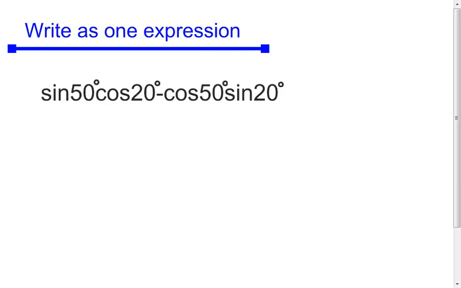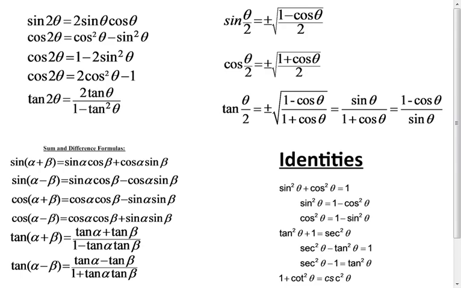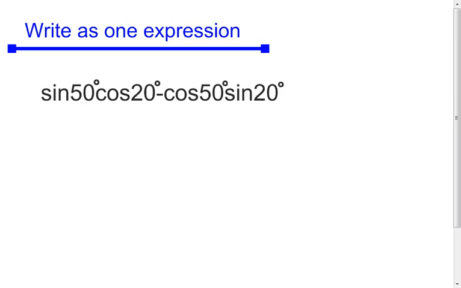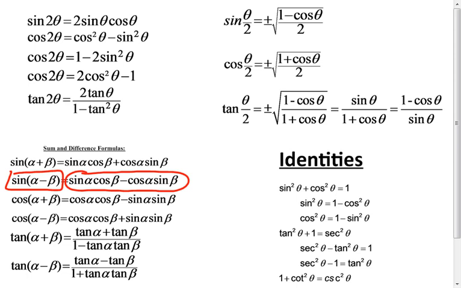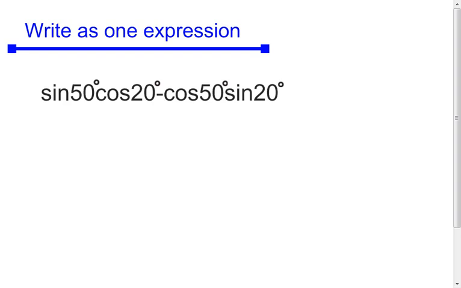All right, here's another one. Sine cosine with a minus sign in between, and then cosine sine. So we'll go over here: sine cosine, minus sign in between, cosine sine. It will be the formula for this. There's the right side. The left side would be sine at alpha minus beta. So this is the formula for sine at alpha minus beta.